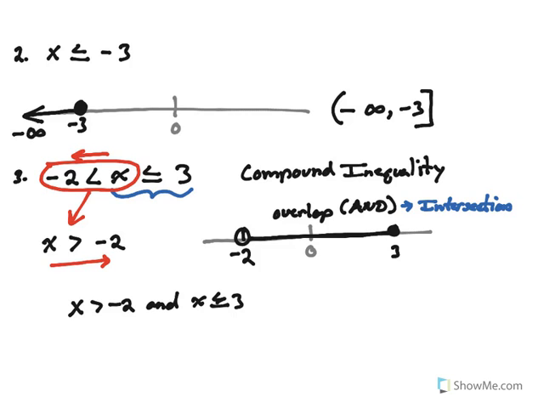Or you could write it all together as the example was given, but we can separate it into two. But remember, when you graph them, they're going to overlap, so we need to put the word and in there. This is how you would do it on a number line. This is the answer right here. All right, so now let's do another example.